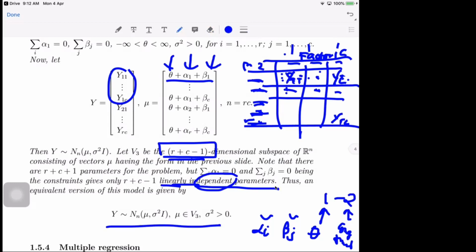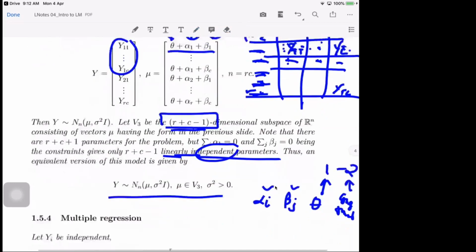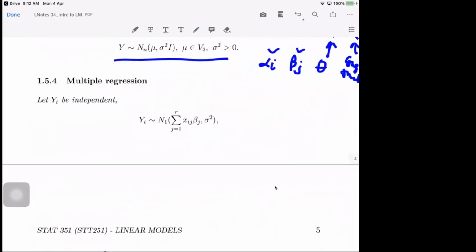So this is still your linear model for ANOVA. But the concentration of this course will be more on the regression models, no? The simplest is the simple regression model, but in general, you have the multiple regression model.